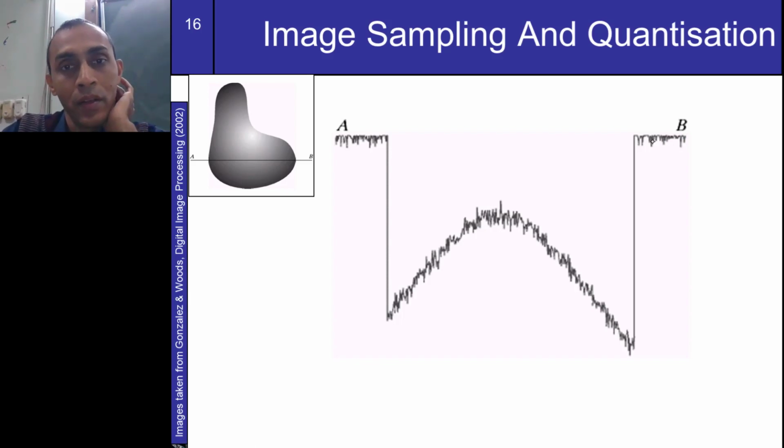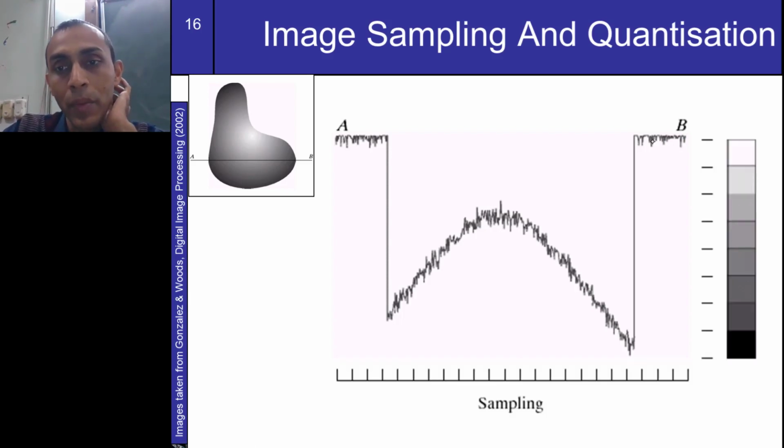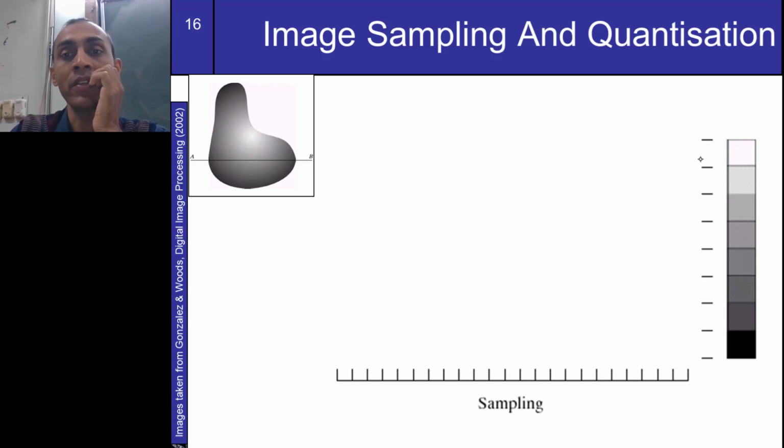Sampling means you measure the intensity values along this line AB only at particular spatial locations. Quantization means whatever the intensity values are, you represent them only by different intensity levels. That depends on how many bits you use to store these intensity values. If you use 8 bits, for example, how many levels can we have?